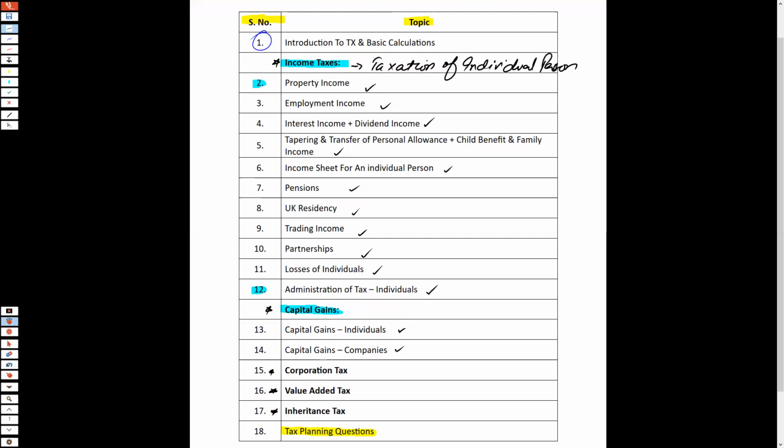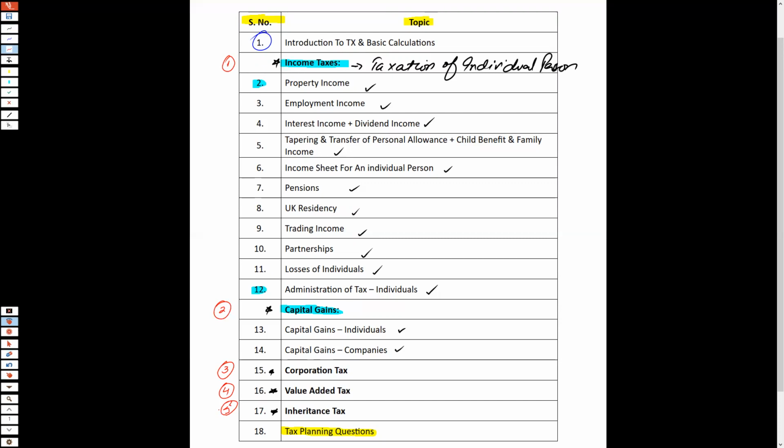As I told you, this syllabus A is mainly divided into 5 areas. So you can see number 1 is income tax. Number 2 is capital gains. Number 3, corporation tax. Number 4, value added tax. Number 5, inheritance tax. I have also guided you on this on the previous slide.